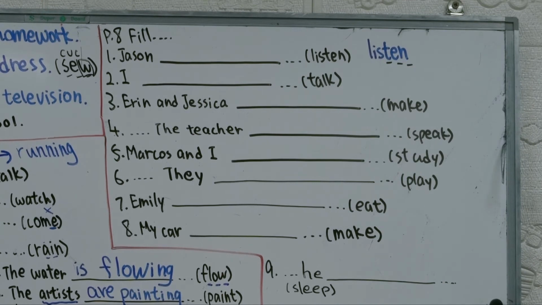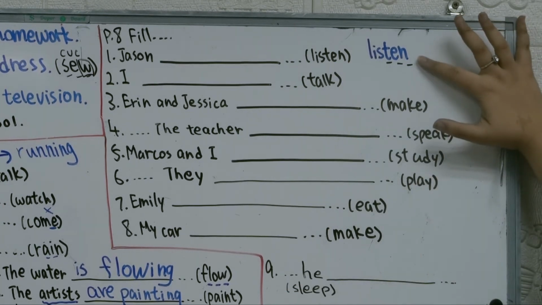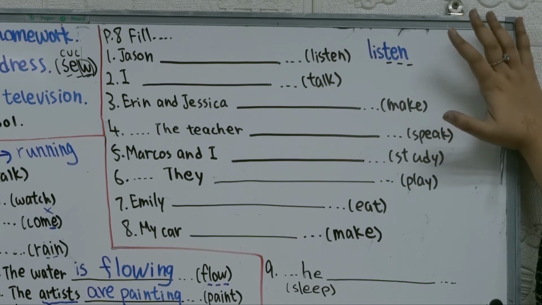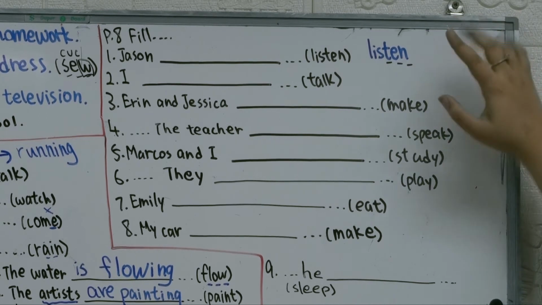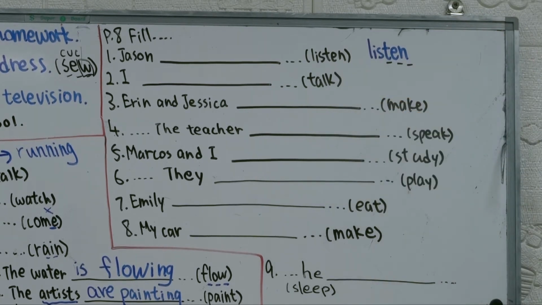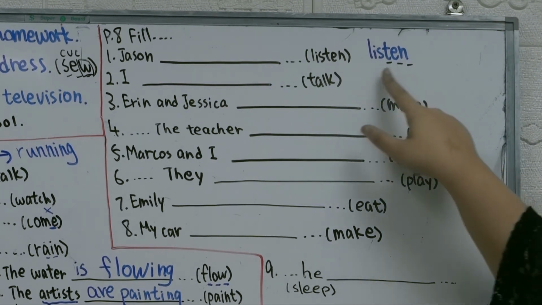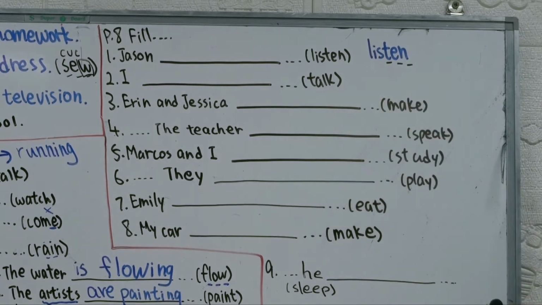How do we read this word? Can you read the verb for me? Do we say listen with stress? No, right? So here is a verb with no stress, because we don't stress the last syllable. We read it as listen, no stress at all, right?